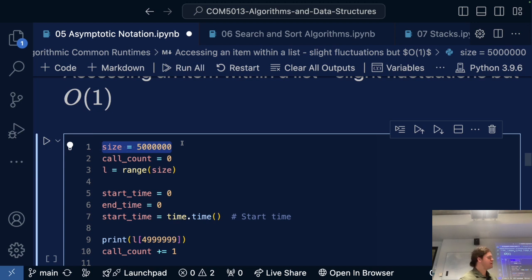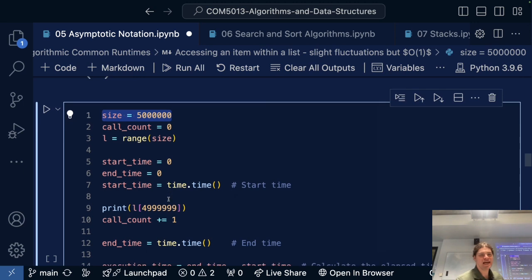So here we go. Let's stay with our 5 million length list, L, okay? And if we try to get to the very last element, 4,999,999, do you think that's going to take a long amount of time? Or have we got to iterate all the way to the end to get to it? No, because we've got an index position, haven't we?